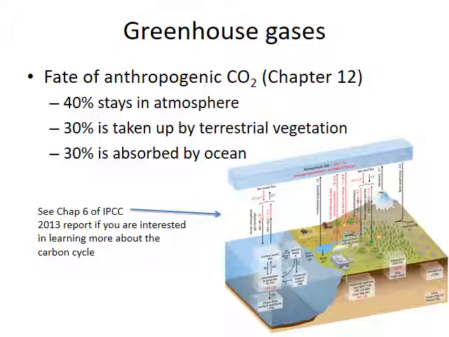If you're interested, you can look at the IPCC report in chapter 6. They talk a lot about it, and essentially the highlights of this carbon cycle are shown here in this diagram.